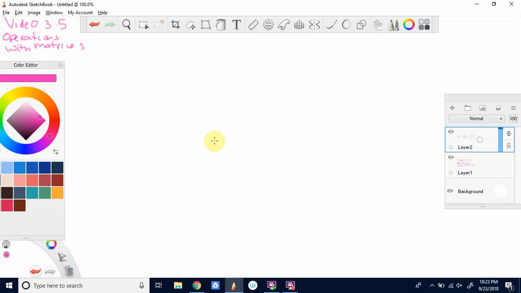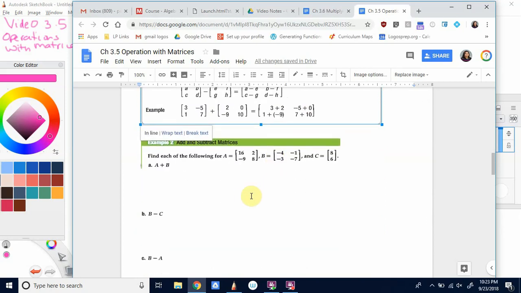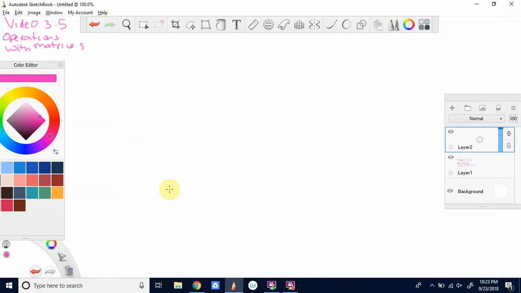So let's go straight into the examples and see what we've got going on. It says find each of the following. Here's matrix A, matrix B, and matrix C. So they want us to do A plus B. The first thing we're going to do is write them down.